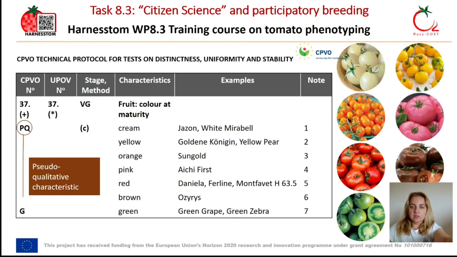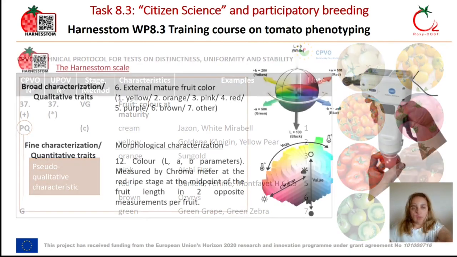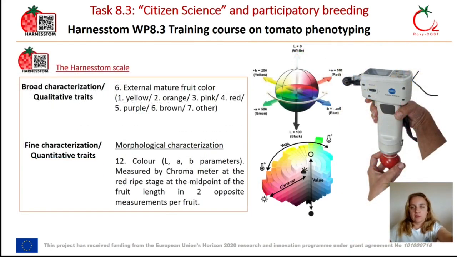This makes a reference further in the document where it says that the trait has to be observed after a full change of the color when placenta is found clearly in the cross section. It also says that this characteristic is not applicable for genotypes homozygous for the RIN gene that do not ripen at all. Practically, observations are made on harvested mature fruits from second or third truss of at least 20 plants.